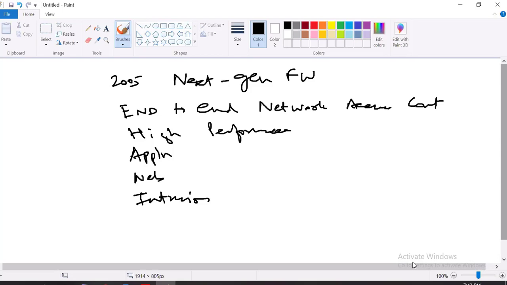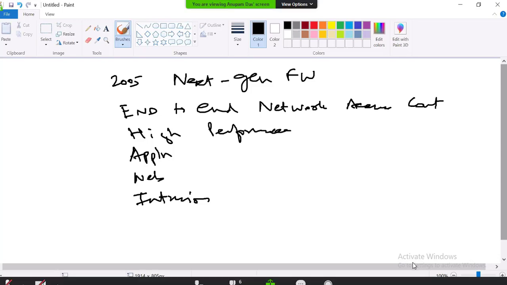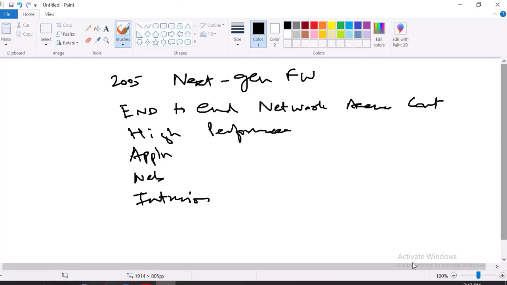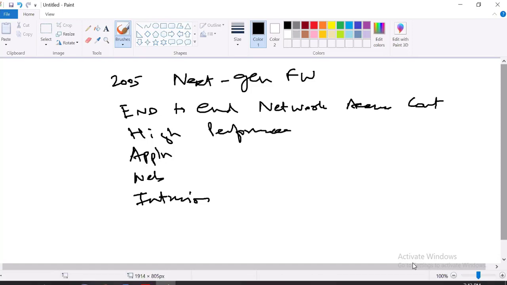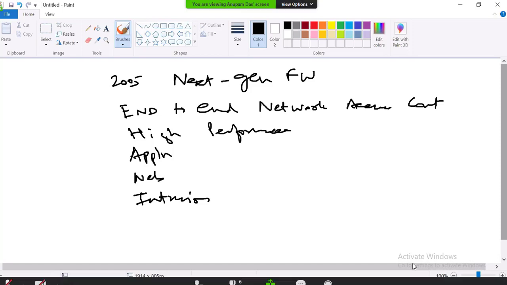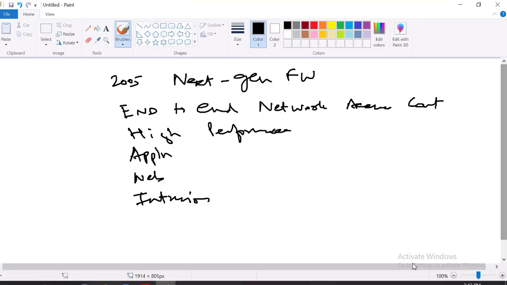Stateful firewall was already there. The next gen firewall is maintaining the session and the connection state, and packets associated in a flow as well. The next gen firewall is able to make access decisions based on source and destination information and the session connections as well.